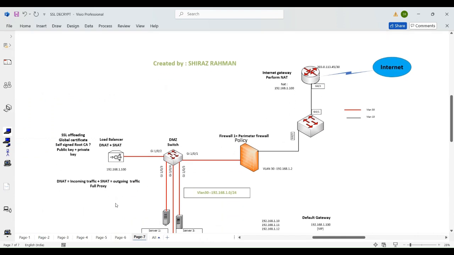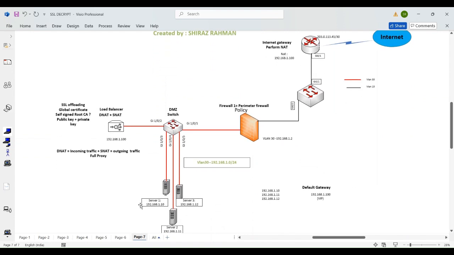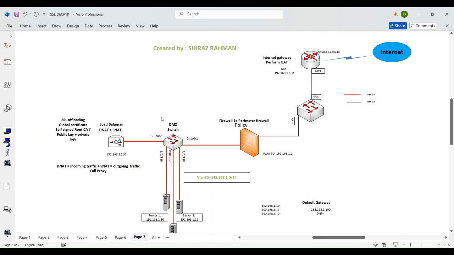You can see 192.168.1.100 is a VIP, a virtual IP, for all these three servers. It is mapped, and you could do it statically, right? This will then be forwarded to the firewall. You can make a policy on the firewall to allow this traffic towards this zone.